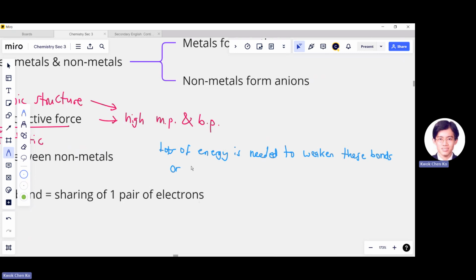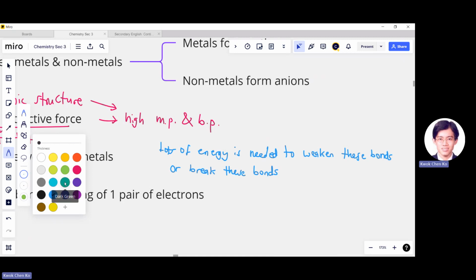In the case of boiling, you need to break them totally. It's just a small note, even though they normally won't be so particular. I use the word weaken because this is more applicable to melting.